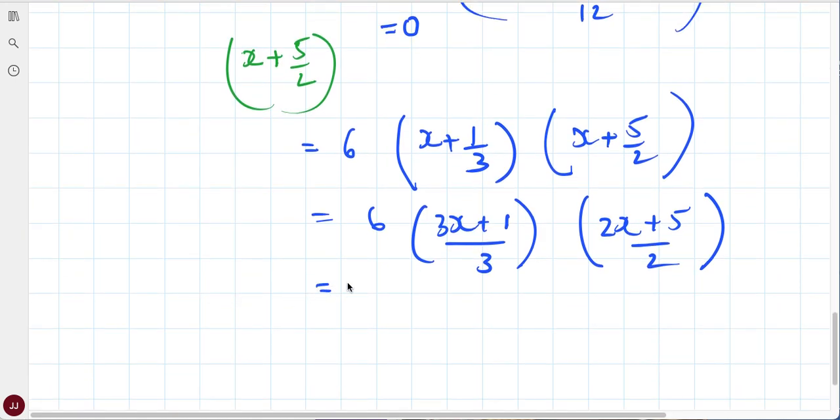So that will further reduce to, right, this becomes 2 and we can cancel this. Okay, so now it reduces to 3x plus 1 into 2x plus 5, same thing.